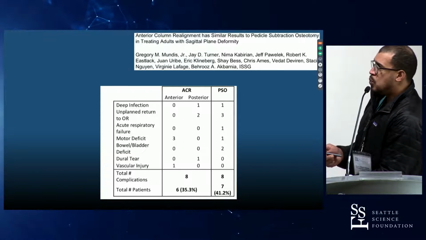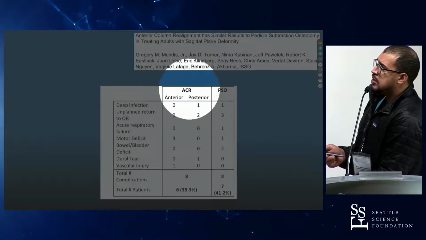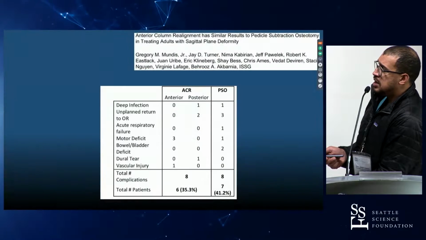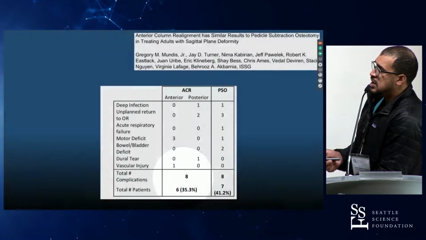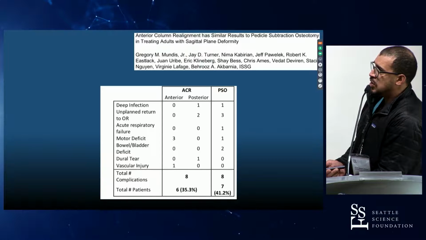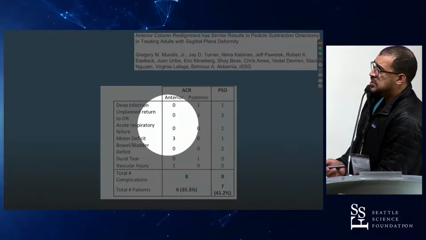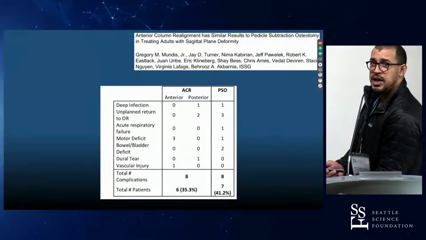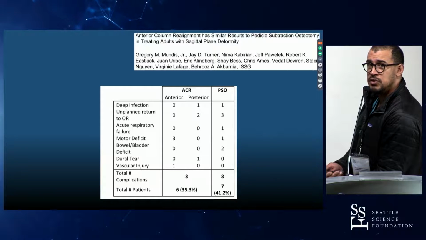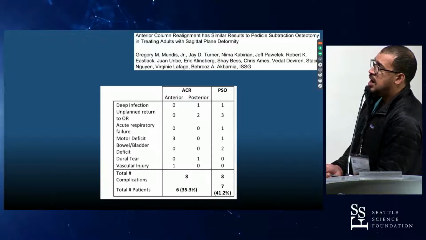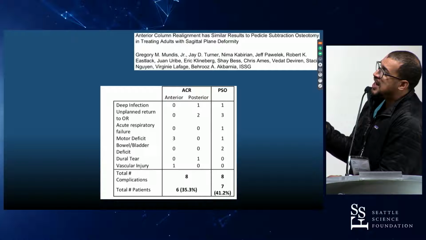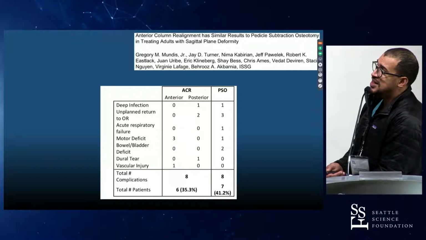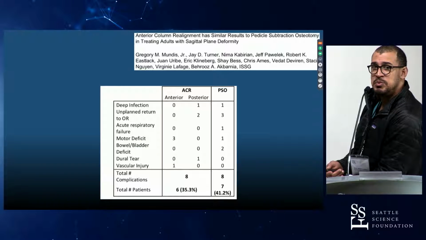But if you look at what kind of complications did happen, there were more. This was a non-significant difference between the PSO group and the ACR group. But looking at the motor deficit, we know that's a complication that we try to avoid in our lateral approaches, but it's something that's there. It's kind of surprising to hear that they didn't have more complications in this PSO group.